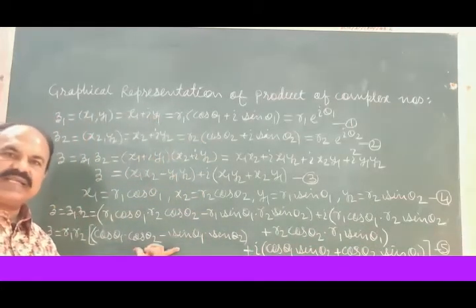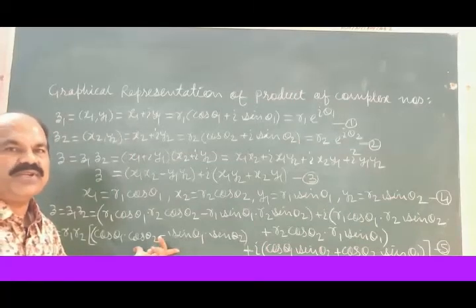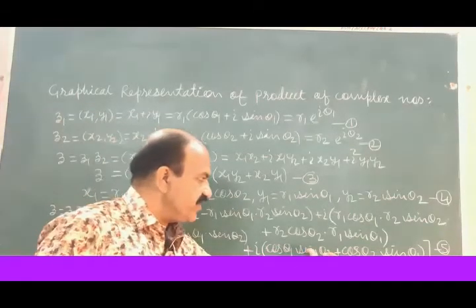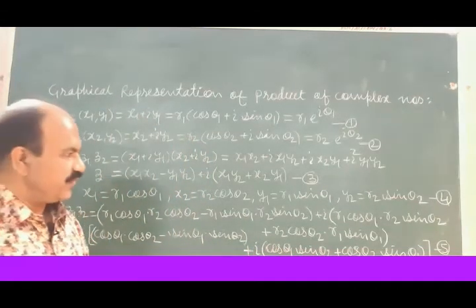What is this bracket? This is cos theta 1 plus theta 2. What is this bracket? Sin theta 1 plus theta 2.